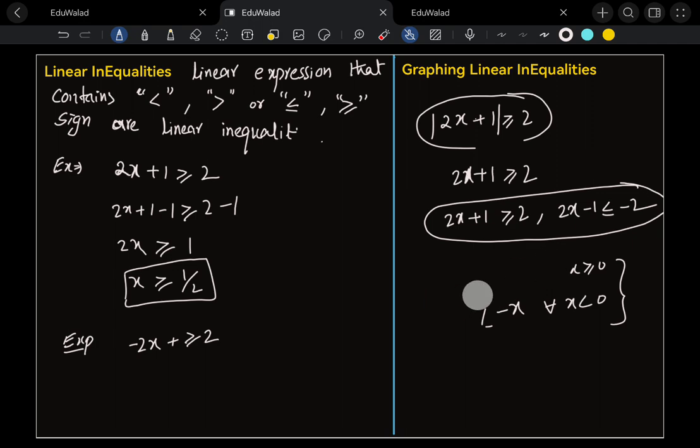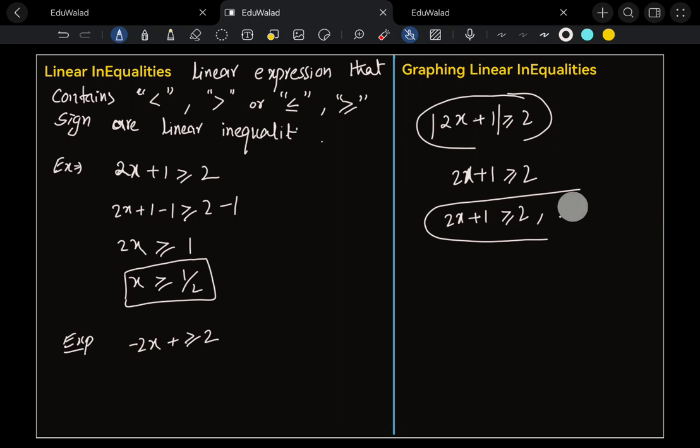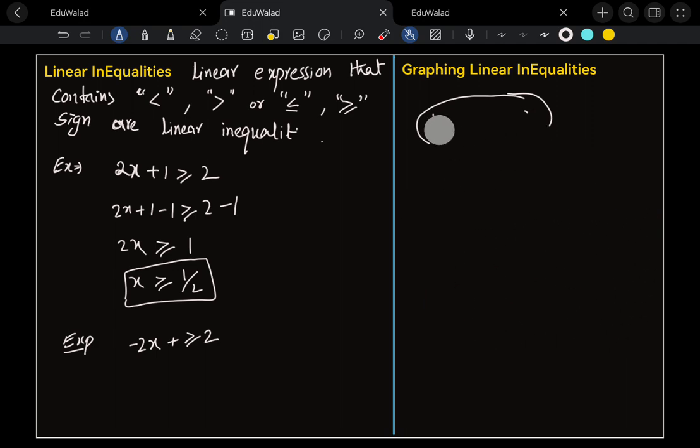Let's come to the main question of inequality. Now add negative 1 on both sides. From here we have added negative 1 on both sides. So 2x is greater than or equal to 1, so x is greater than or equal to 1 upon 2.